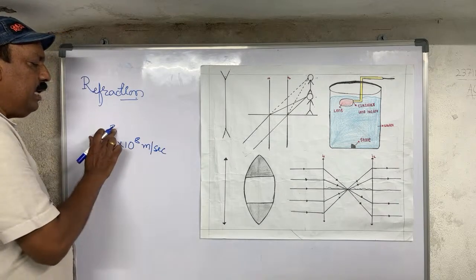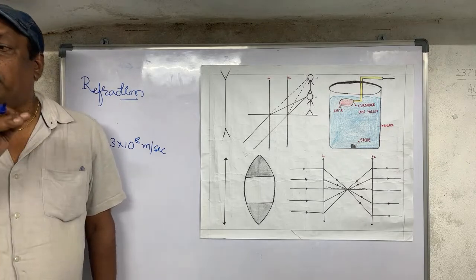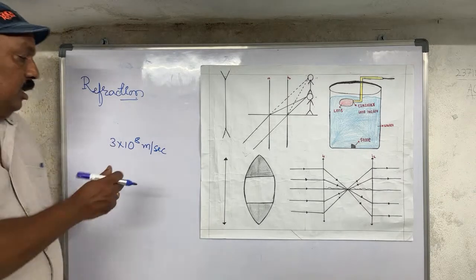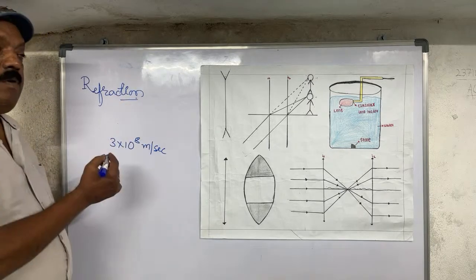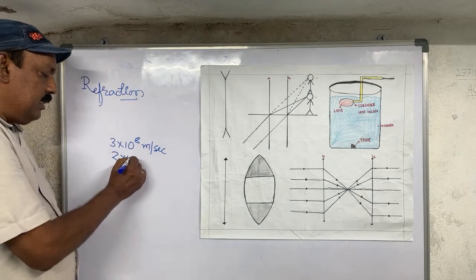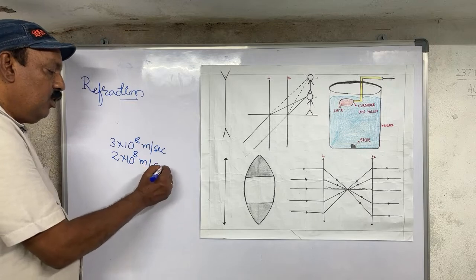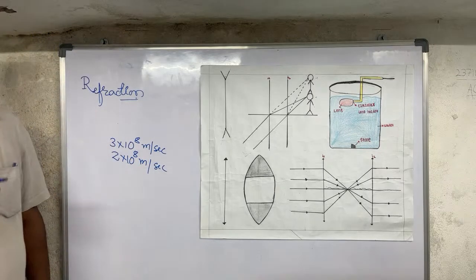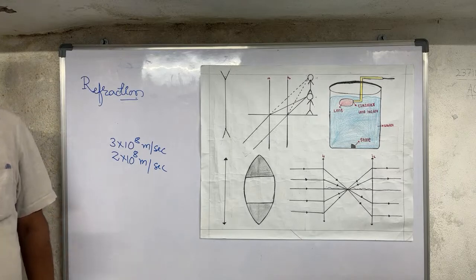This is the speed of light in air or vacuum. Whenever light enters water or glass, the speed decreases to 2 into 10 to the power of 8 meters per second. This is the speed of light in water as well as in glass.